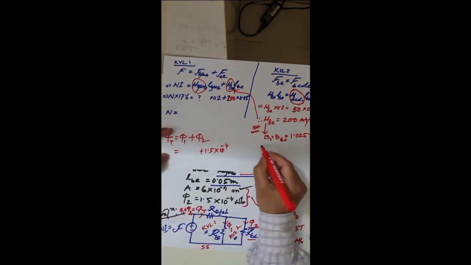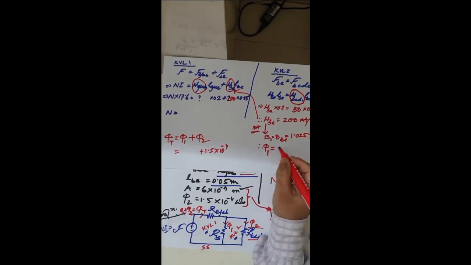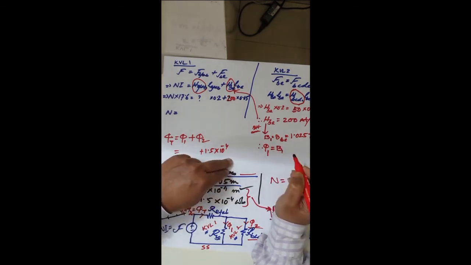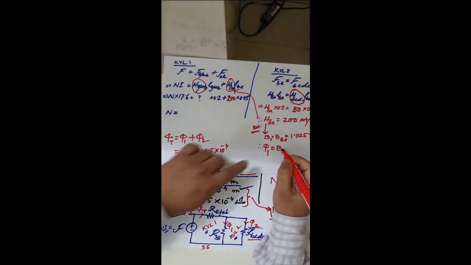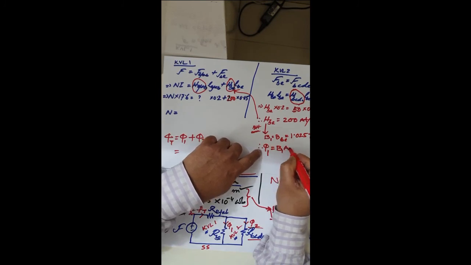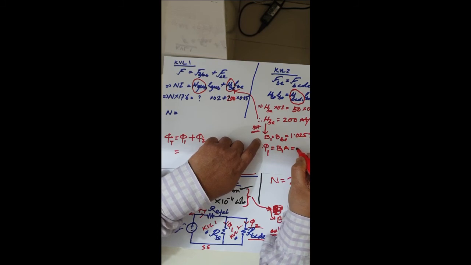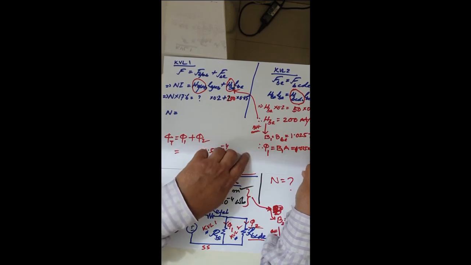If B1 or BBE is 1.025 Tesla, then from here we can easily find phi 1. The phi 1 value comes from B1 into A. So you get 0.01 into 1.025 into A, substituting the A value.